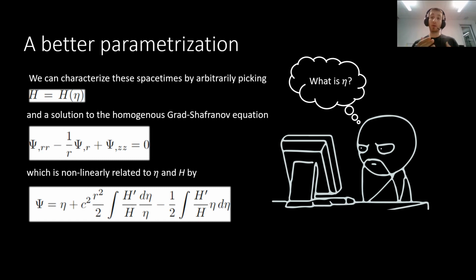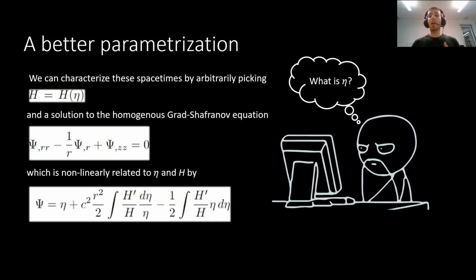We had to work to reach this stage in recent years. So once we pick a boundary condition for the Grad-Shafranov equation, for example its value on the plane, and the function h, we can solve the Grad-Shafranov equation, and psi and h inform completely the metric, the system, through the nonlinear equation reported.